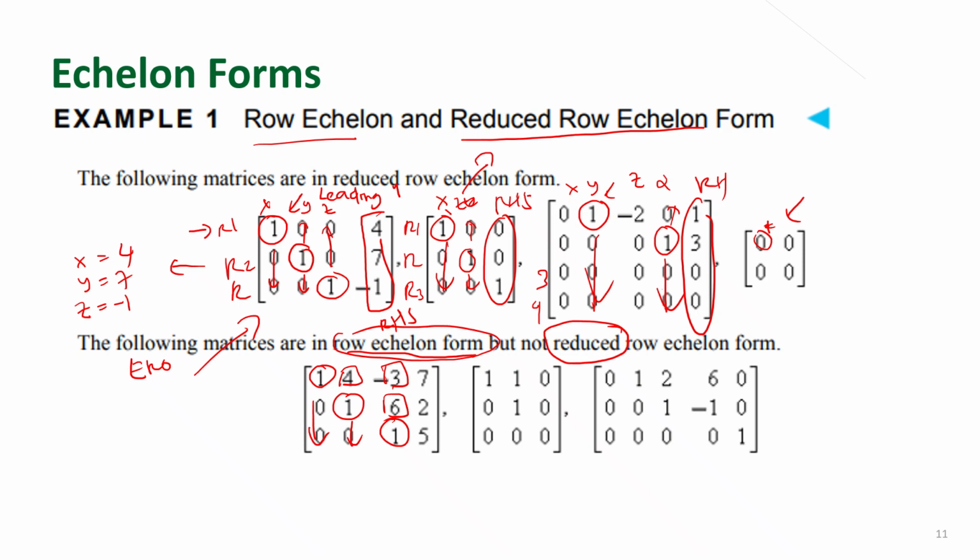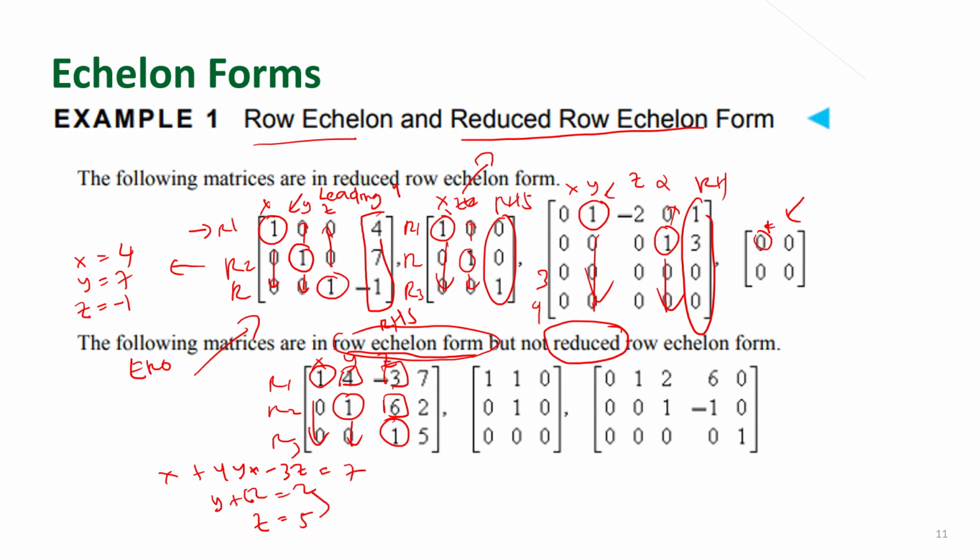So for this one, x, y, z, you will have the equations: z is equal to 5, y plus 6z is equal to 2, and then x plus 4y minus 3z is equal to 7.